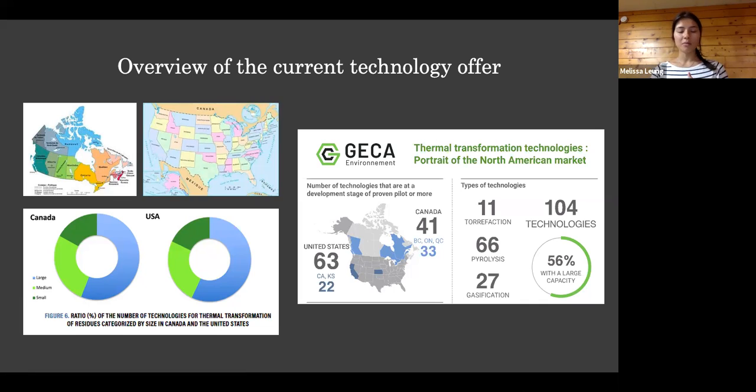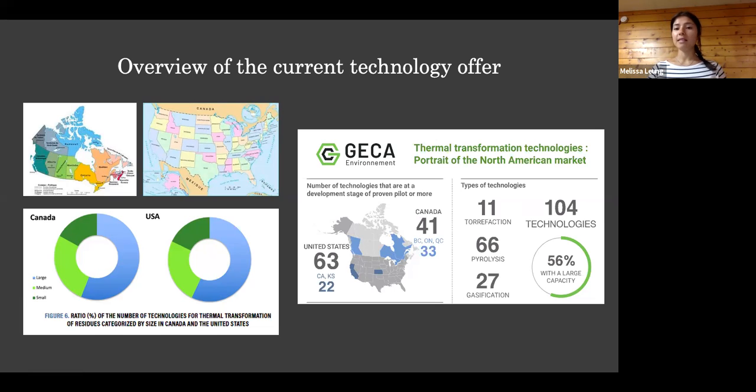Oftentimes people come to me and say, well, I only found 12 pyrolysis technologies available on the market. And I say, perhaps you didn't dig deep enough. Most times, those technologies remain low key until they have multiple solid facilities operating, and some of them actually wish to remain low key forever.